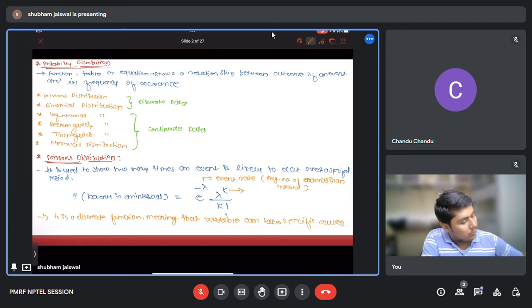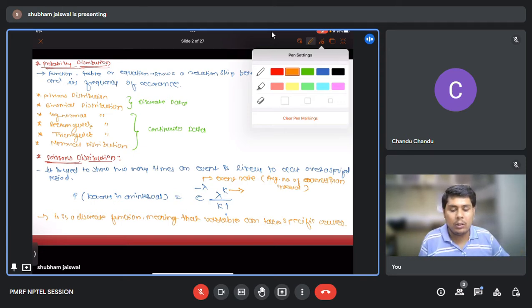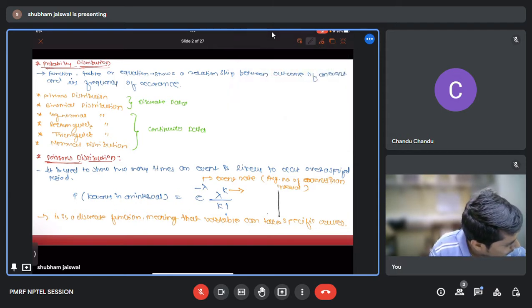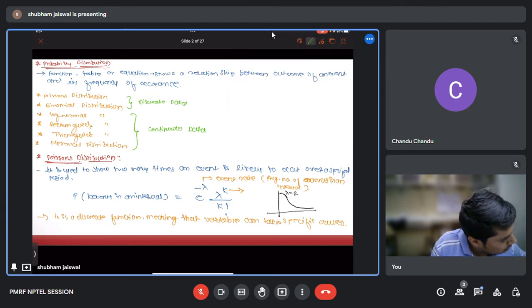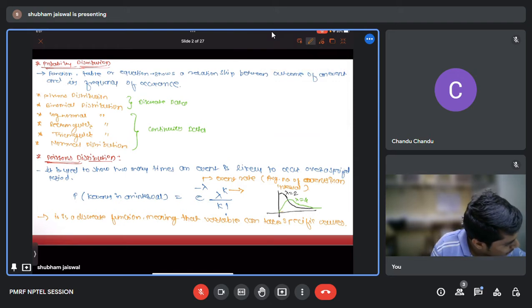And if we plot the Poisson's distribution for different lambda, let's say this is for lambda equal to 2, this is lambda equal to 4, and suppose this is for lambda equal to 10.